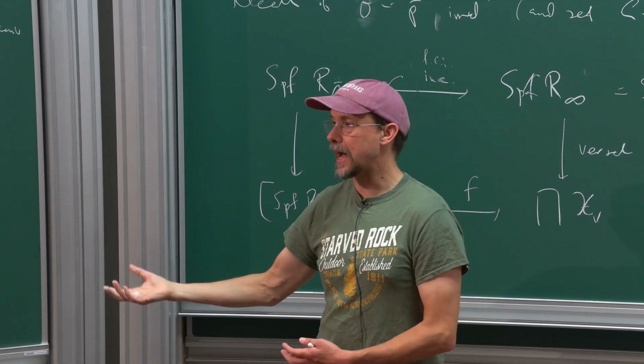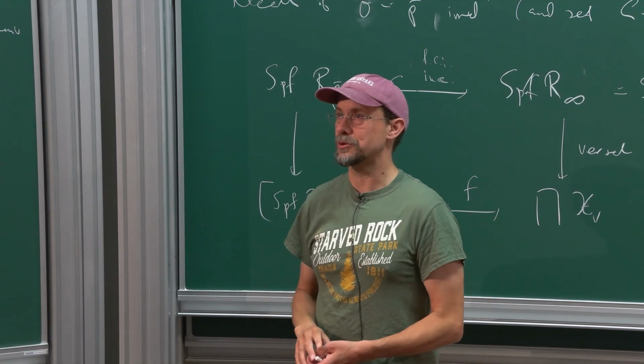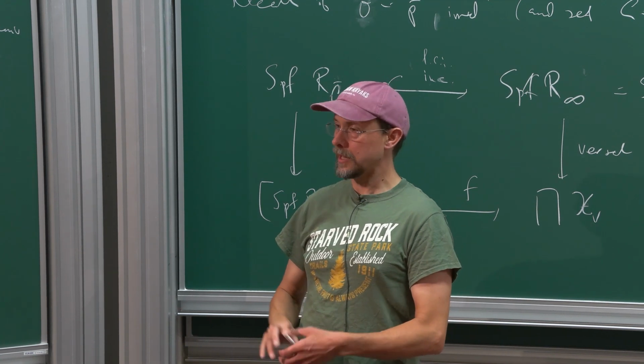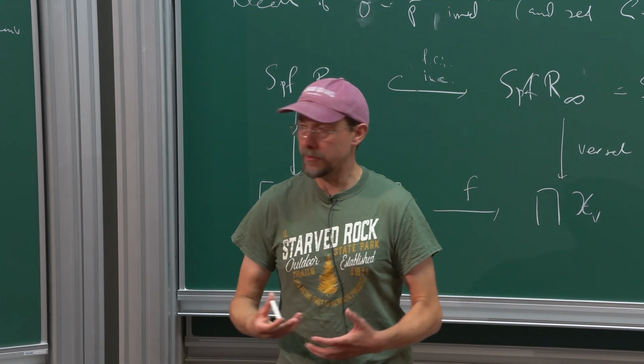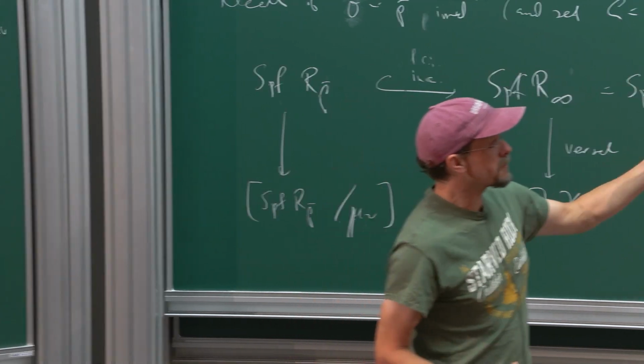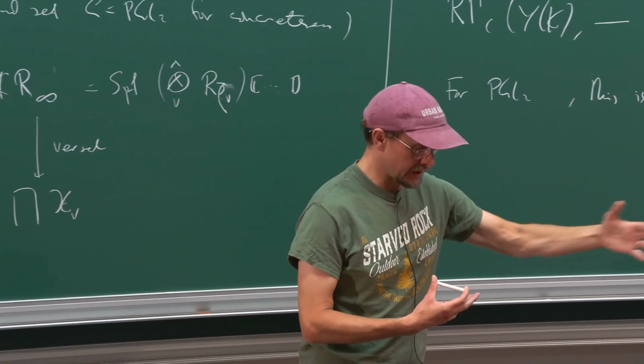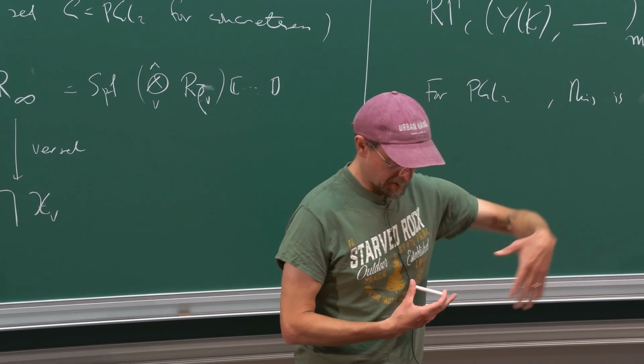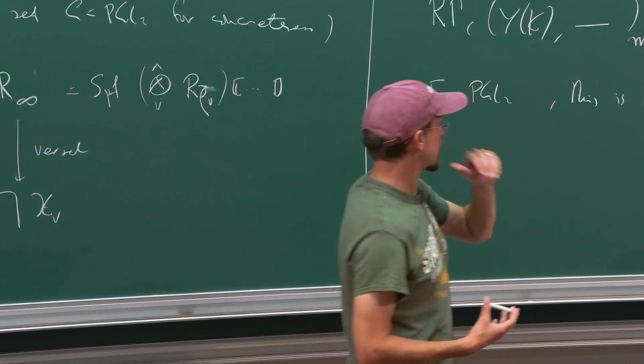If you did the upper star, already you wouldn't get H2. But here, the F upper Schrieg will give you cohomology in a bunch of higher degrees.